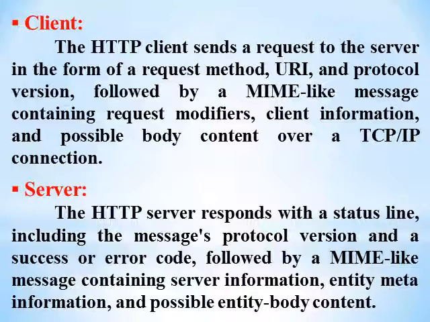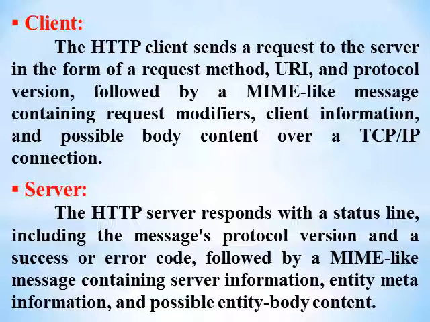Now move towards the server, which is responsible for giving the response to the client according to its request. The HTTP server responds with a status line, including the message protocol version and a success or error code, followed by a MIME-like message containing server information, entity meta information and possible entity body contents.